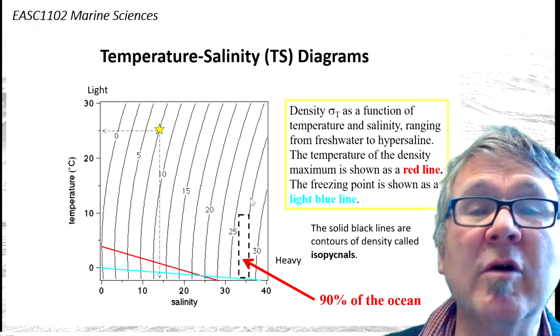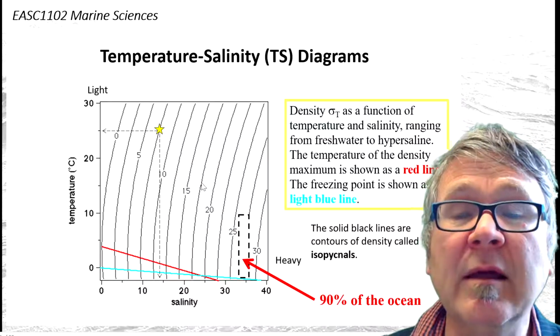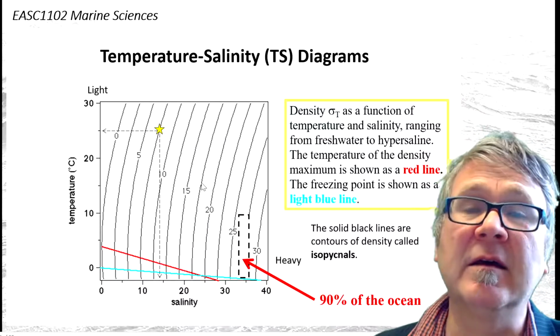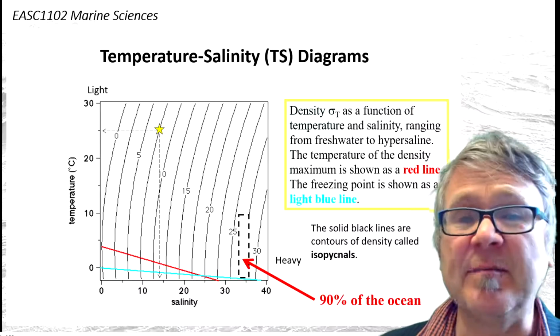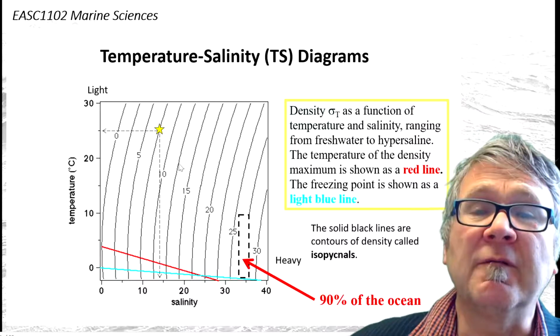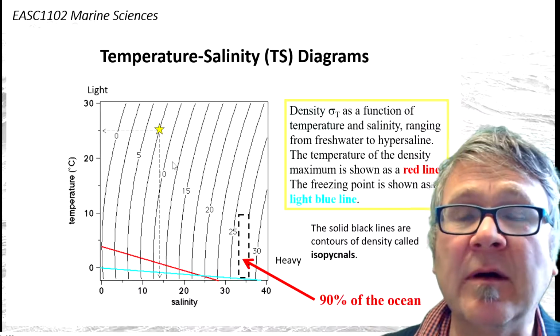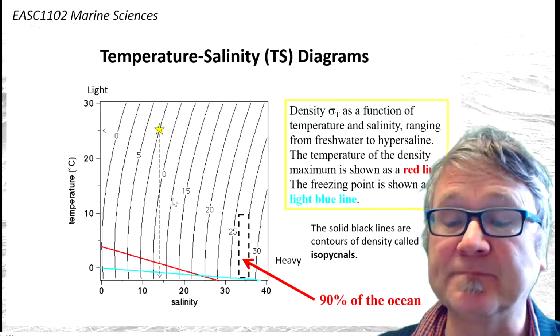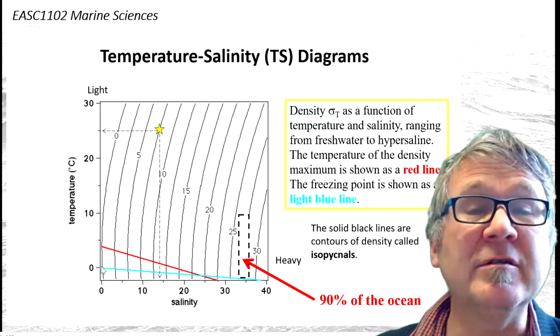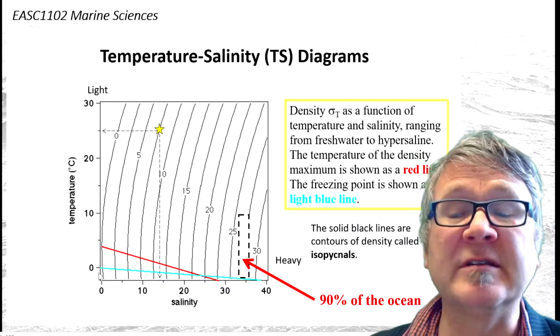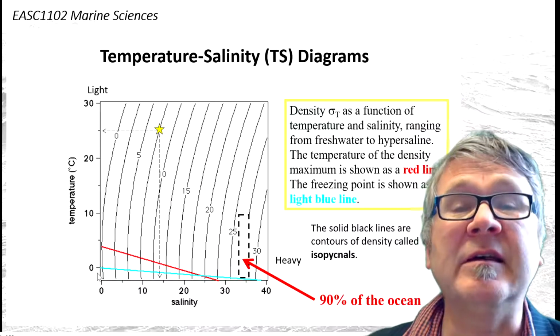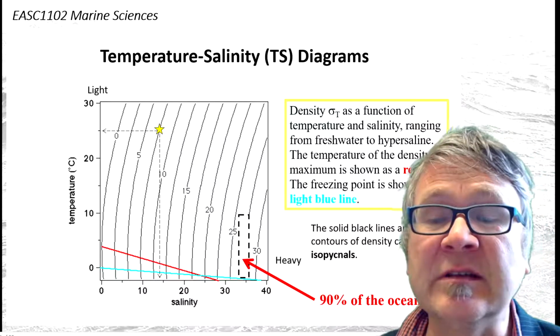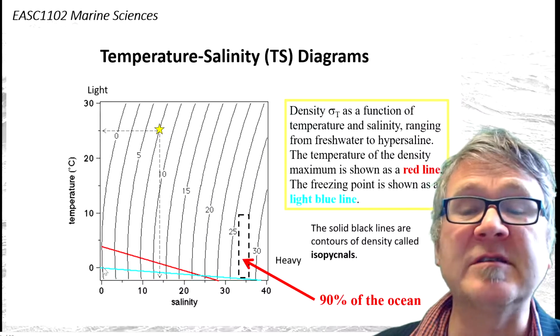So now there are two more lines shown here. One line is the freezing temperature. That's the temperature below which water can turn into ice. Without salinity, for fresh water, it's 0 degrees, but the addition of salts in seawater lowers this temperature.